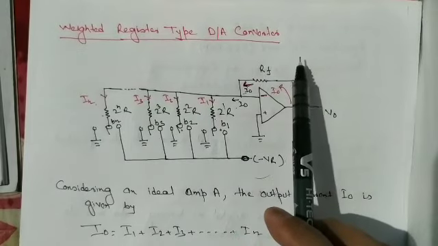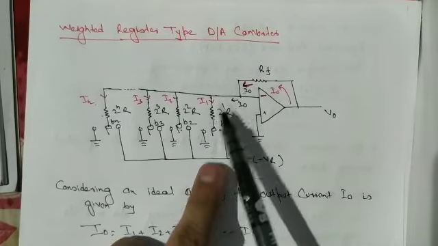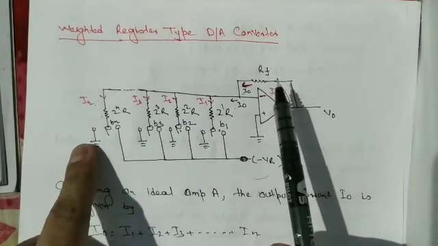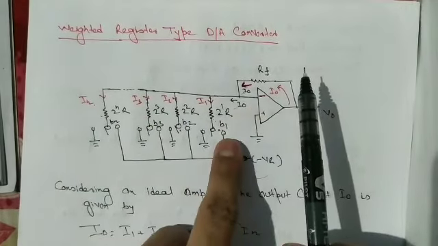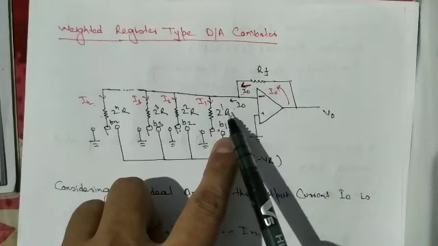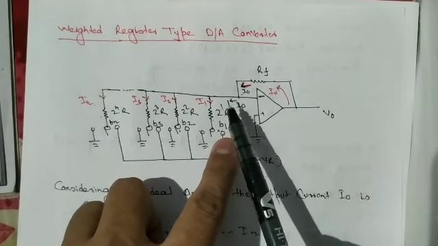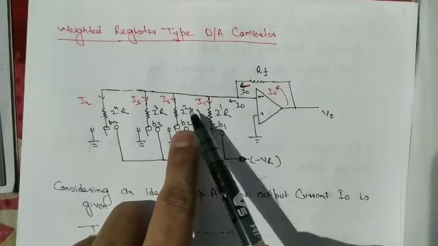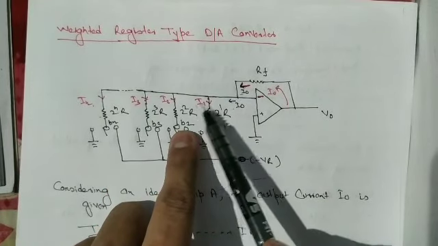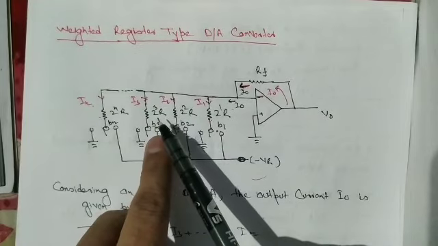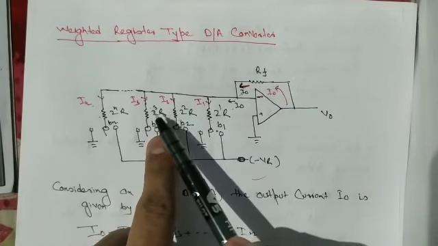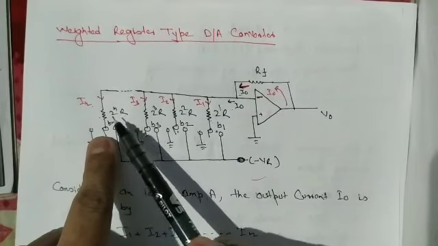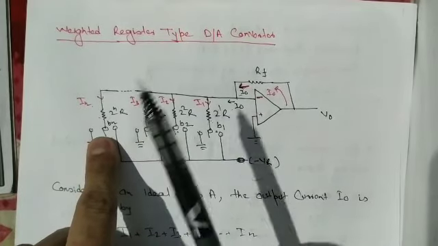All the inputs B1, B2, B3, Bn are connected to the inverting terminal. B1 is connected through the resistor 2 to the power 1 R, B2 through the resistor 2 to the power 2 R, or 4R, B3 through 2 to the power 3 R, that is 8R, and Bn through 2 to the power n R.